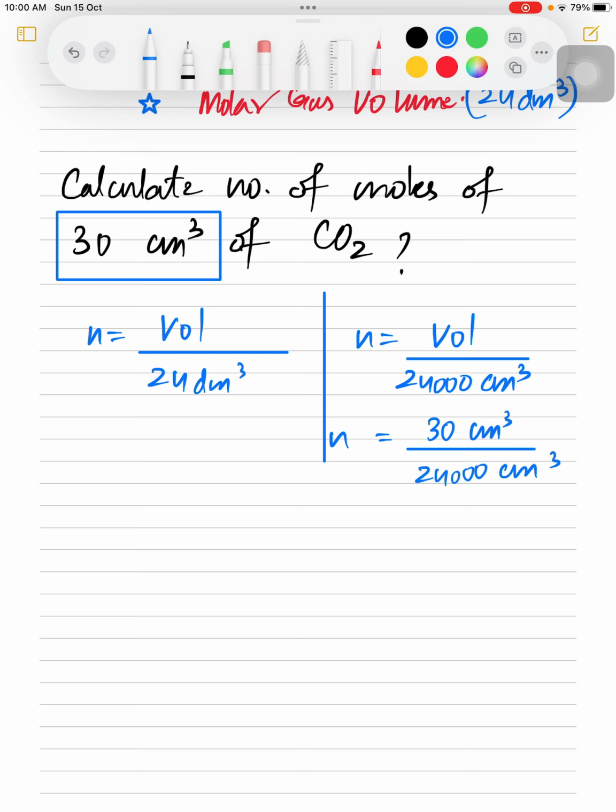You can have a look: cm cube and cm cube cancel. So 30 divided by 24,000 is 0.00125. 0.00125 moles.